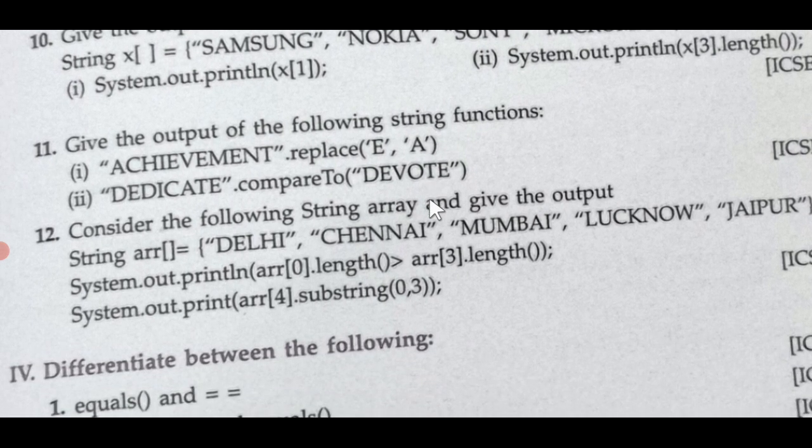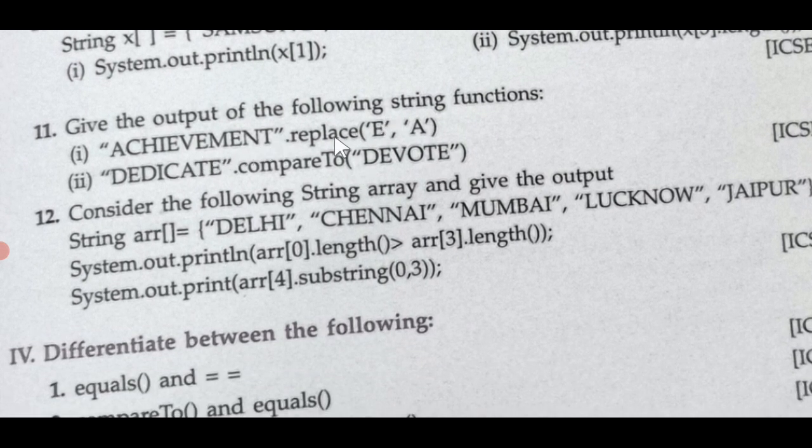After that, give the output of the following string function, achievement dot replace e. So here all the e's are going to be replaced by capital A, so achievement is going to become that. Dedicate compared to devote. So here you can see D is same, E is same, common, then D and V are there, okay.